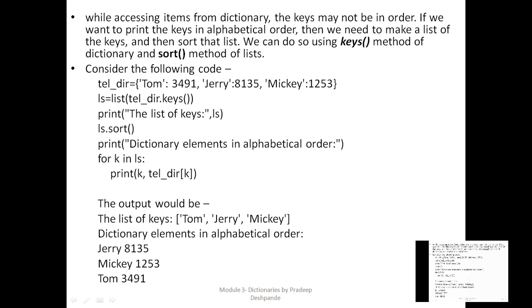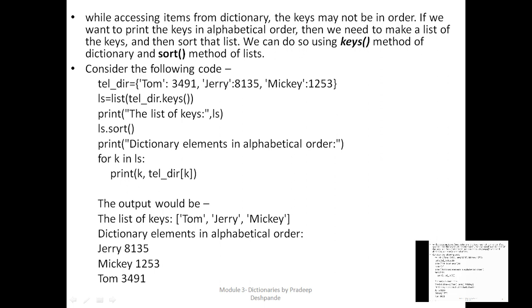So one code we have here, again with the same dictionary. What we are doing here: ls equals list of telephone directory dot keys. It will extract only the keys from the telephone directory. Remember, this keys function extracts only the keys, that is Tom, Jerry and Mickey.